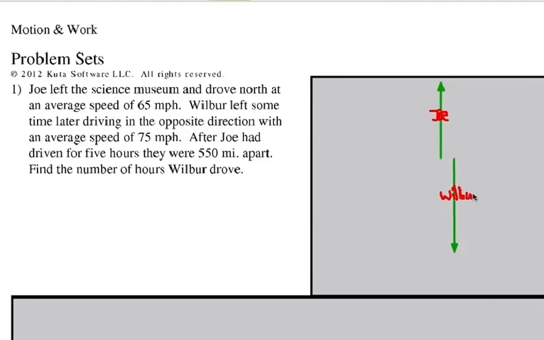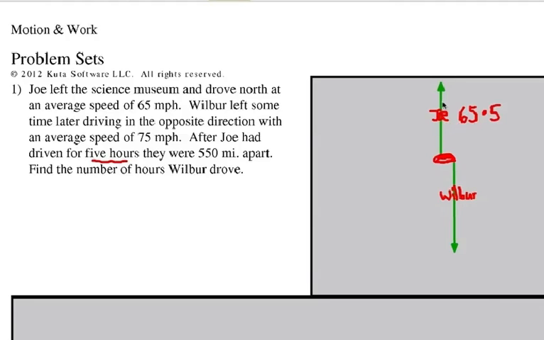What do we know? When Joe was traveling from the home base here, we know that he was going 65 miles per hour. How long did he travel? After Joe had driven for 5 hours. So 65 times 5 equals his distance.